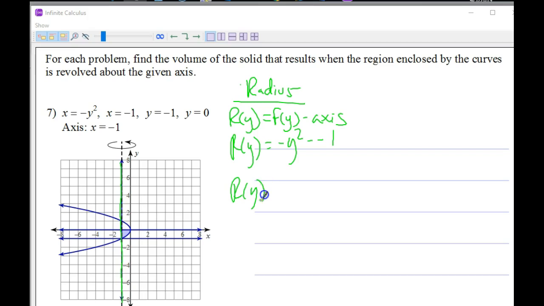So my r of y is negative y squared plus 1. It's a negative y. So there's our radius. Therefore, the area would be.